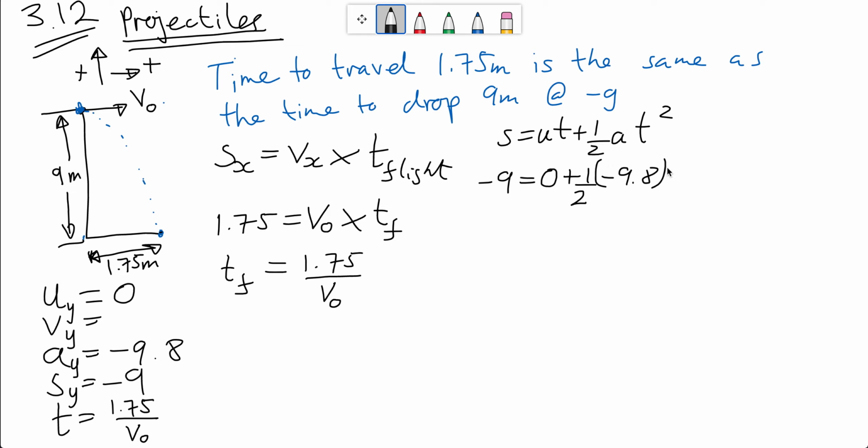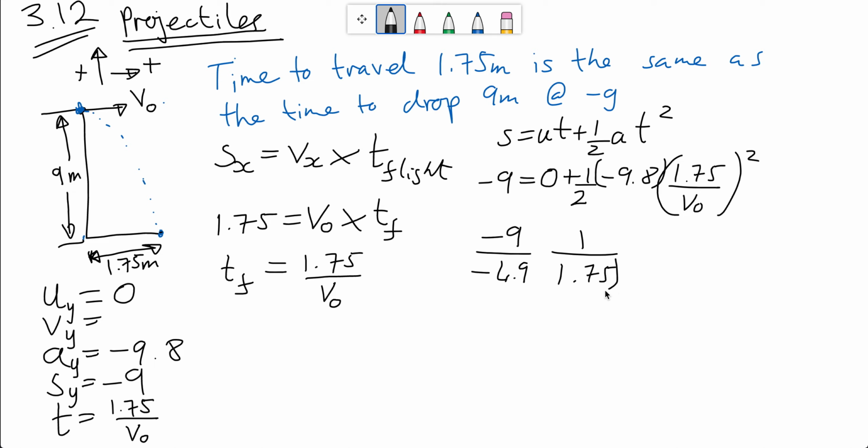And t, as we know, is 1.75 divided by v0, all of that squared. So that's the numbers in. Now it's just a matter of doing the calculations. When we do that, we should get minus 9 over minus 4.9, which is times 1 over 1.75 squared.